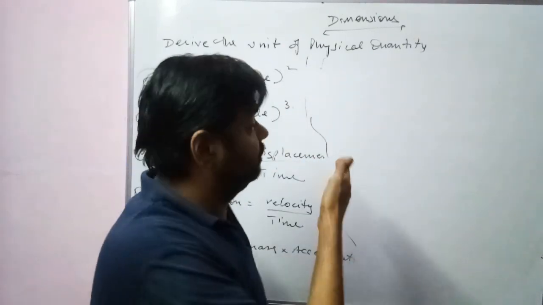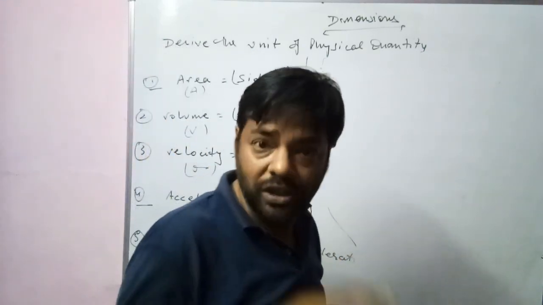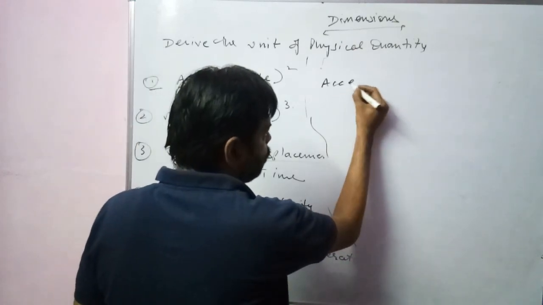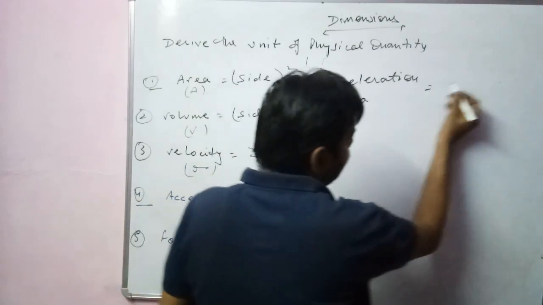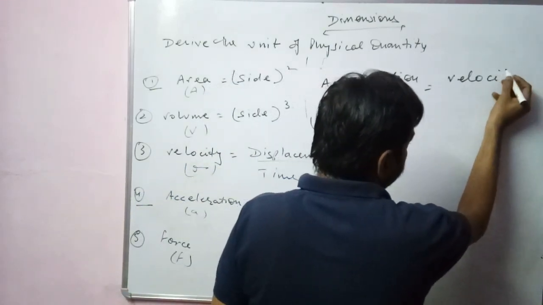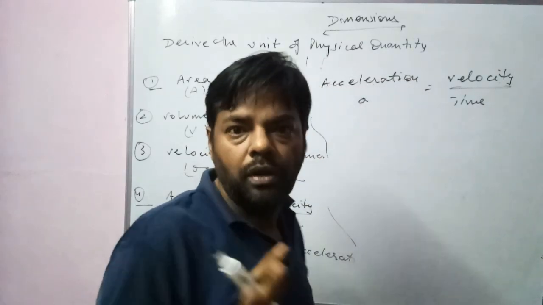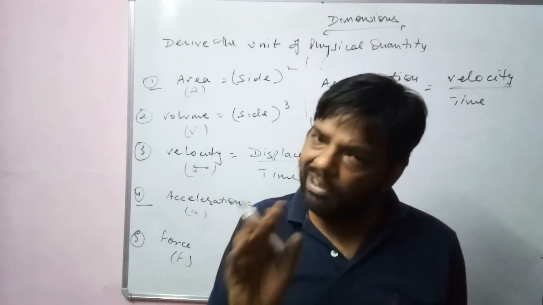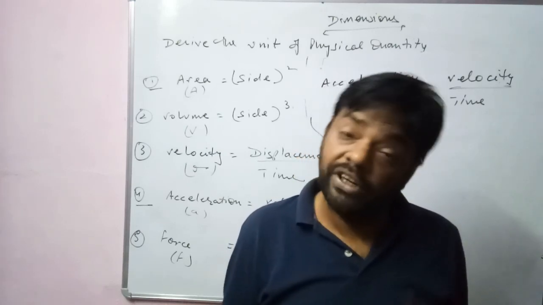The shortcut of how to write out the dimensional formula for acceleration was missed out by me. So let us see that shortcut. Acceleration A, what was it? It was velocity upon time. Now friends, if you already know the dimensional formula for velocity, then we can write it straight away.